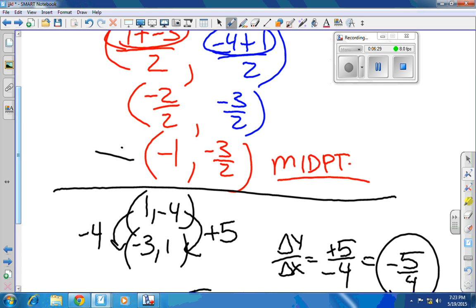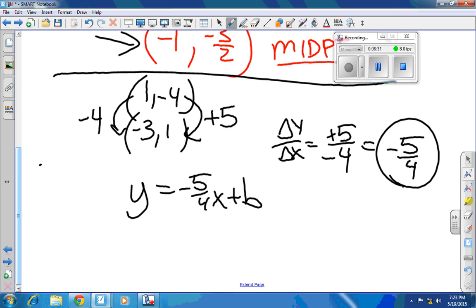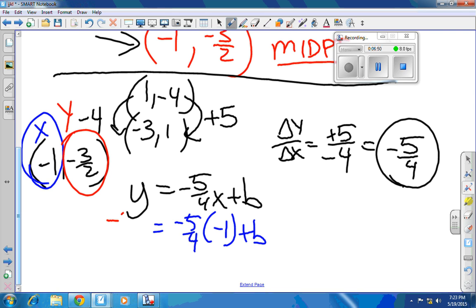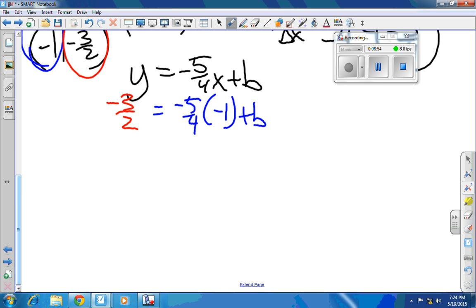Well, we know it needs to go through the midpoint as well. So (negative 1, negative 3 halves) is going to be plugged in to y equals mx plus b. Instead of y, I plug in negative 3 halves. Negative 5/4 times negative 1 is just 5/4.